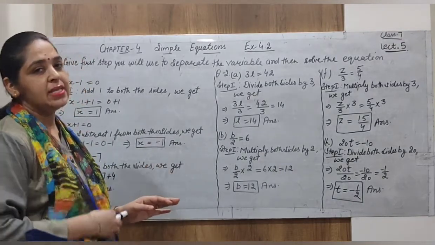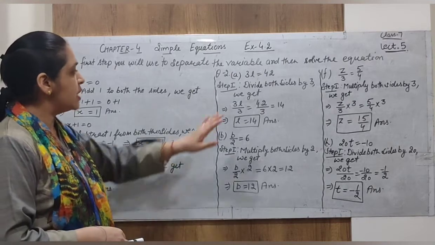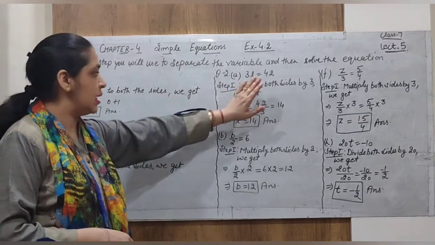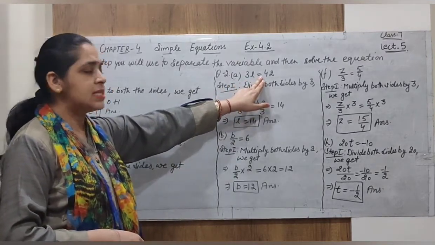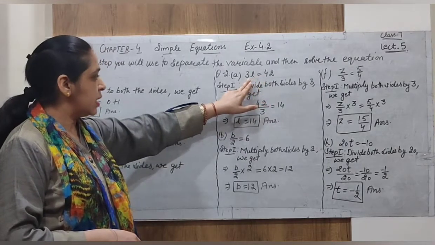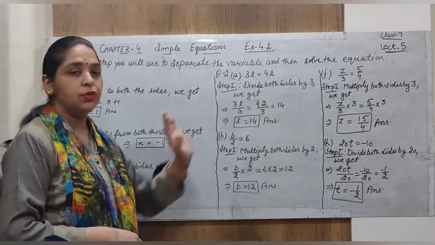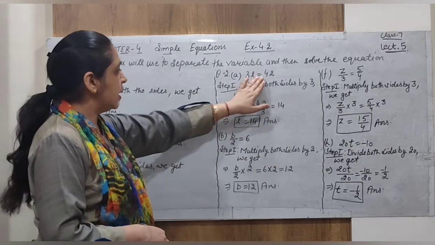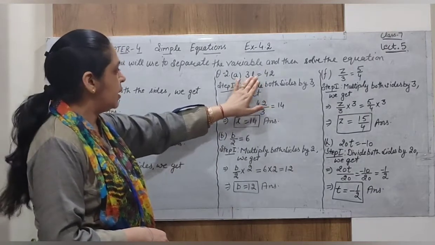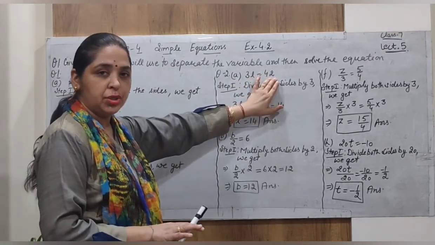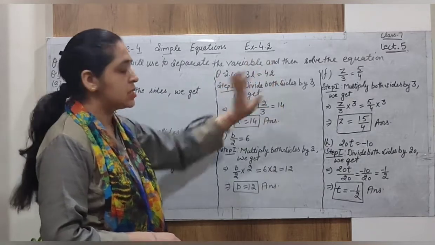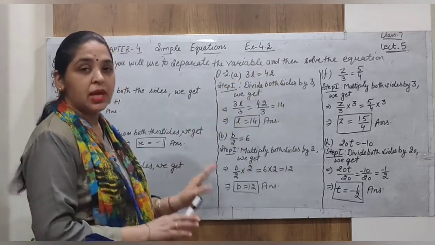Next step is balancing of the equation. What do we mean by balancing? When there is an equal sign given, like in this equation, 3L is equal to 42, the equal sign means 3L is always equal to 42. Now this is the balanced equation. We cannot change the equation.